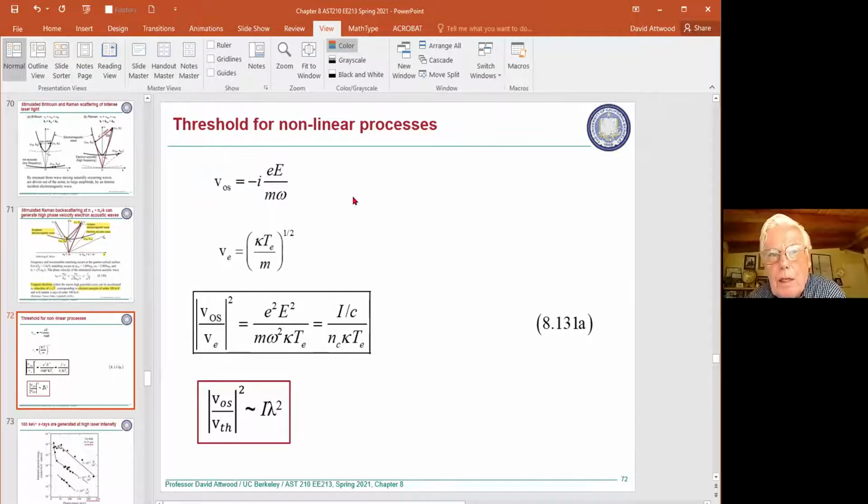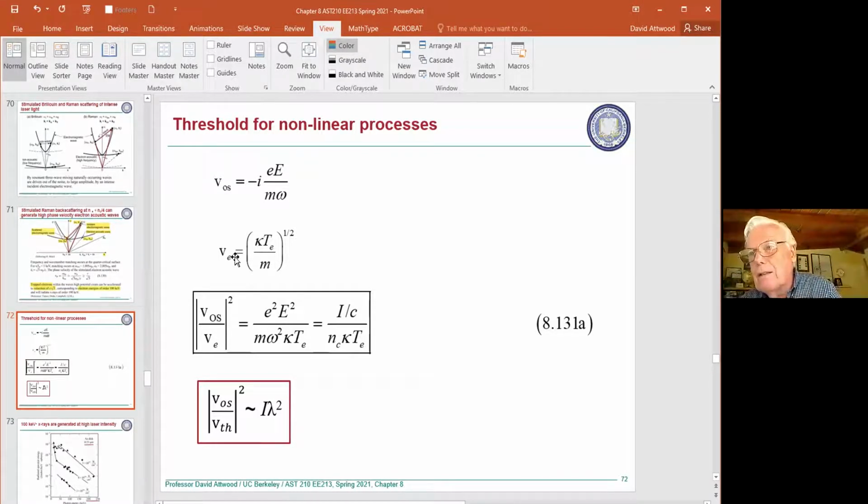And you might normalize that to get an index to the thermal electron velocity distribution. So if this oscillating velocity is small compared to the thermal, then the thermal processes are going to dominate. The plasma electrons in that case would be moving around in all directions, colliding, and on top of that, there'd be a slight modulation due to the laser field.